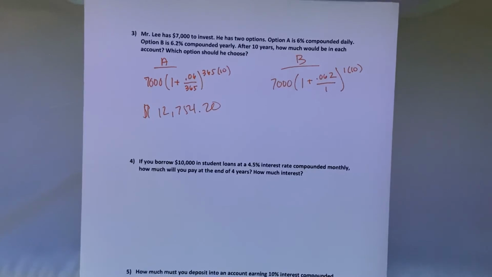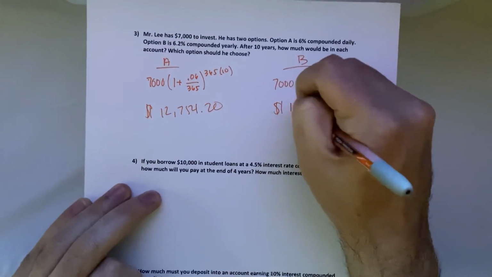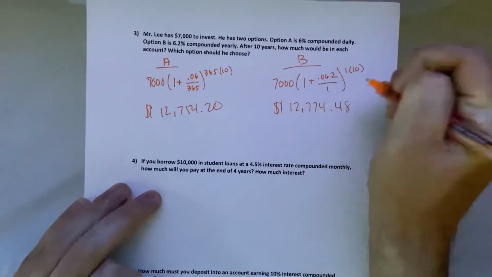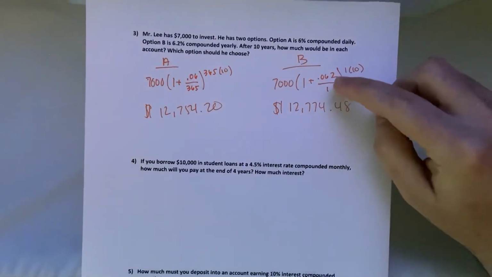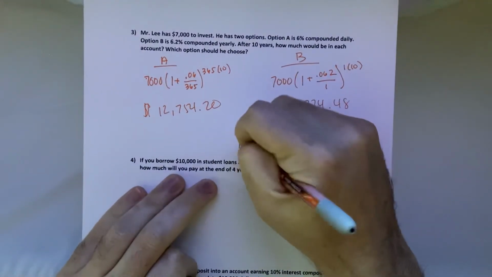This other one, 1 plus 0.062 over 1 to the 10th power is $12,774.48. And so it's really weird. You would think that this is barely a larger interest rate, 6 to 6.2%, and compounding daily would be worth so much more than just compounding once a year. But the truth is the rate gets cut into such small pieces that it doesn't actually make as big a difference, which means option B is actually better.